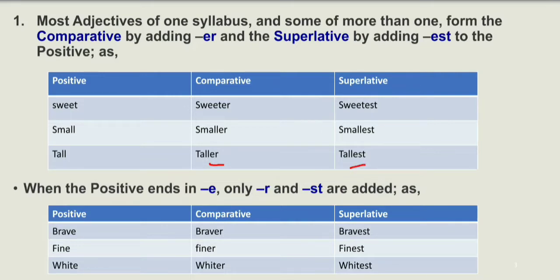But now we already have E in the positive degree, so there is no need to add a further E. So we have brave, which ends in E. In forming the comparative degree, we just add R, and ST in the superlative. Same is the case with fine, finer and finest, and white, whiter and whitest.